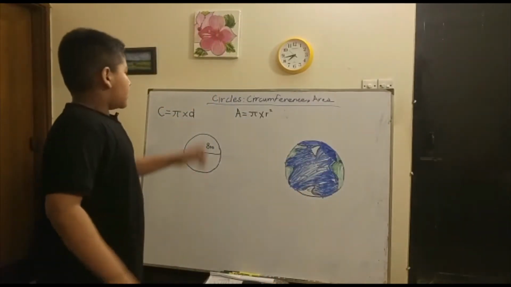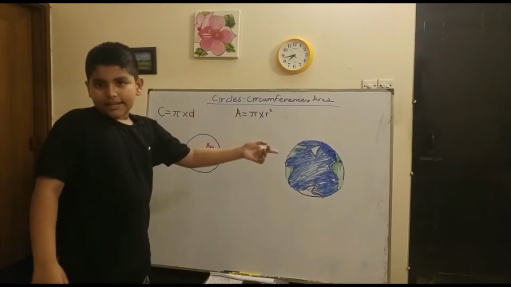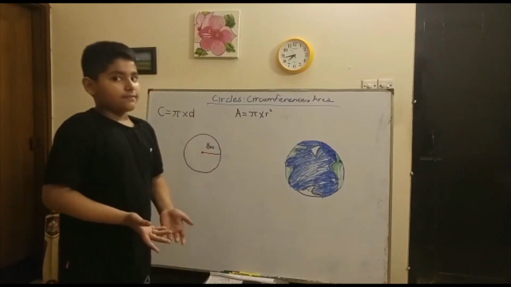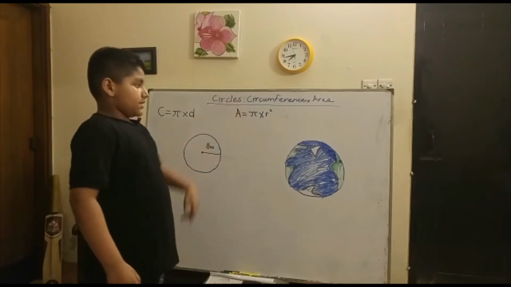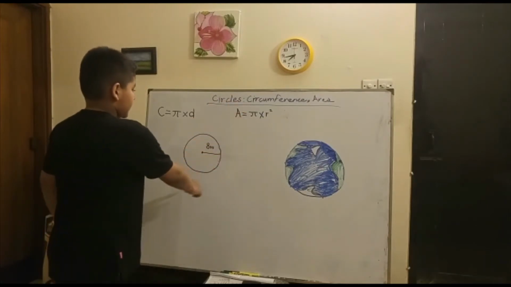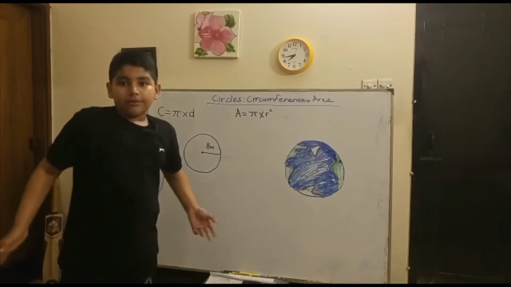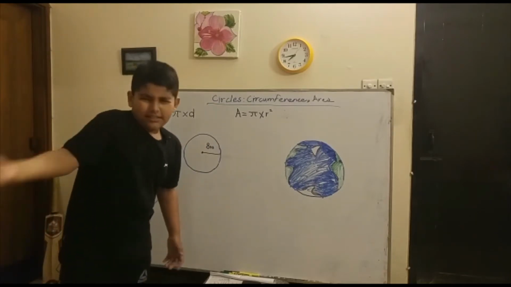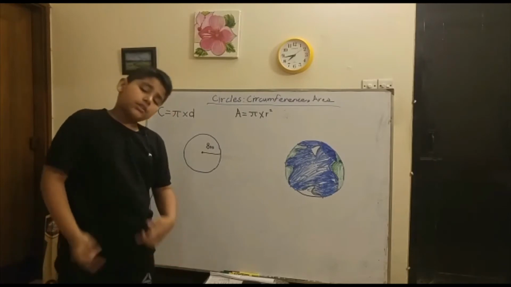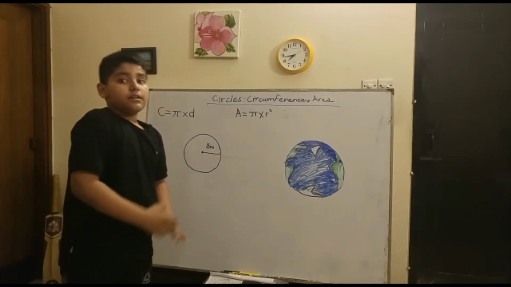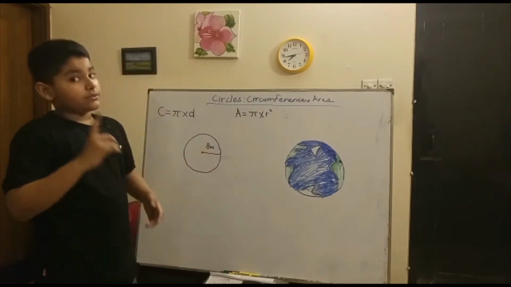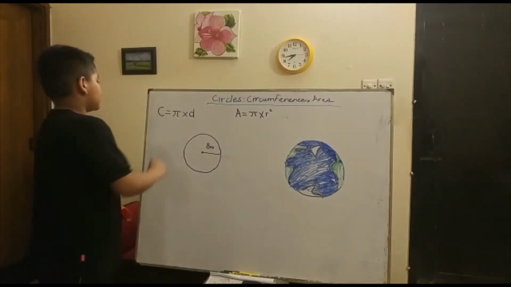Okay, so circumference and area. We saw in our last video what circumference is. It's basically the perimeter of the circle. Now these formulas can get a little confusing, so I'm going to tell you the formulas side by side.